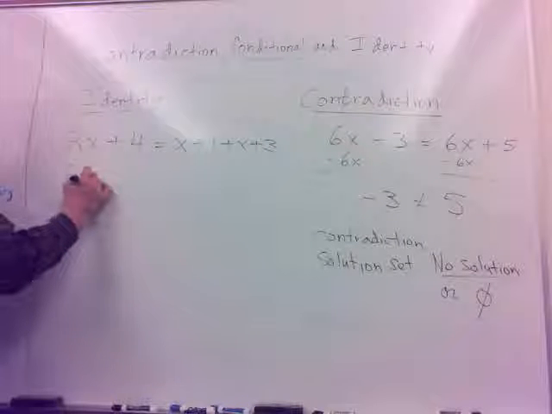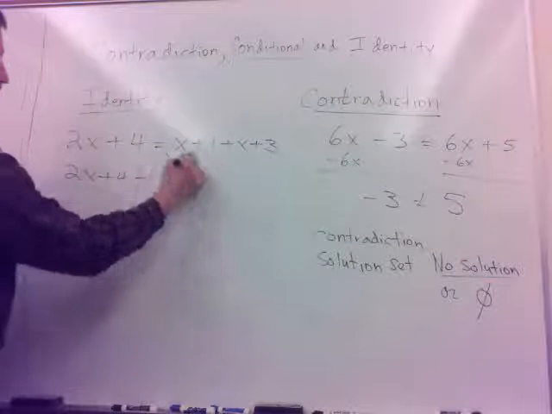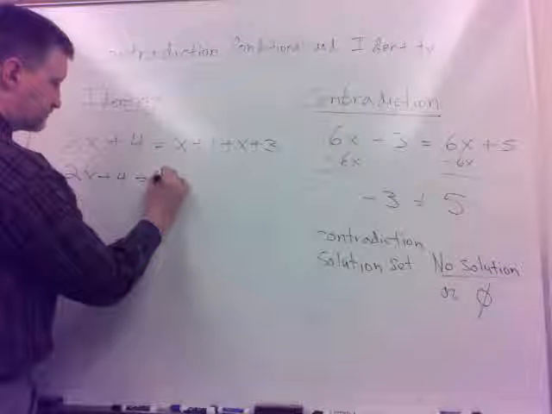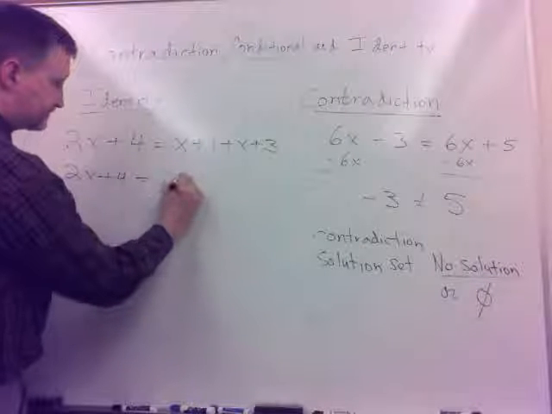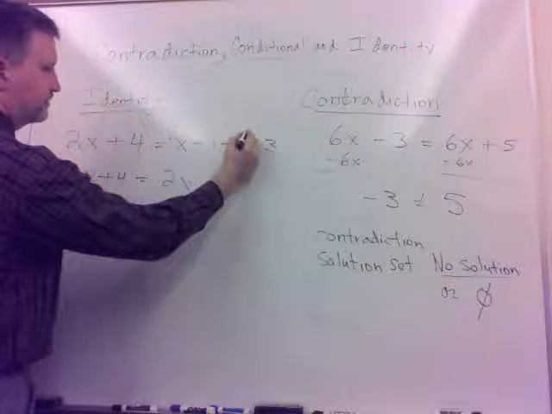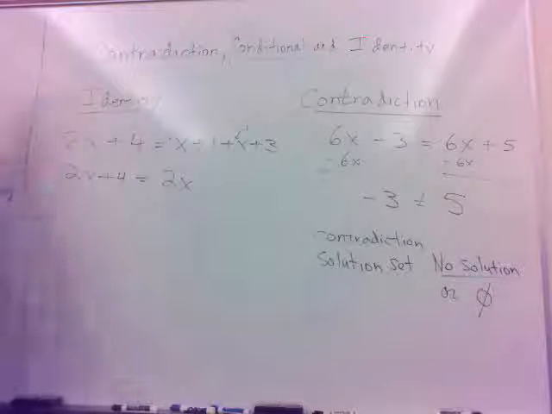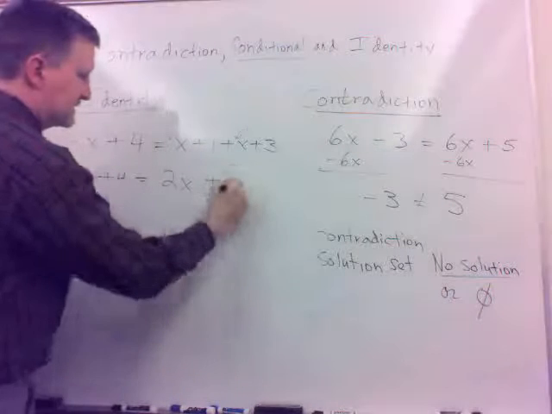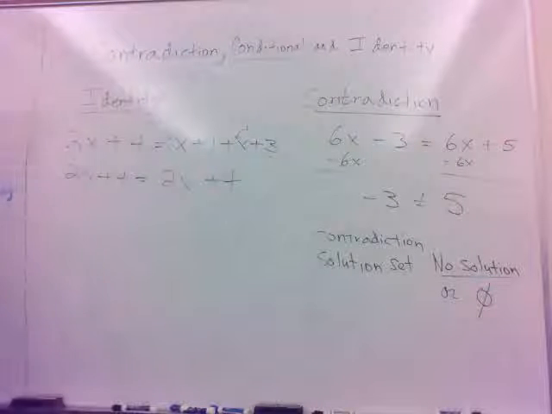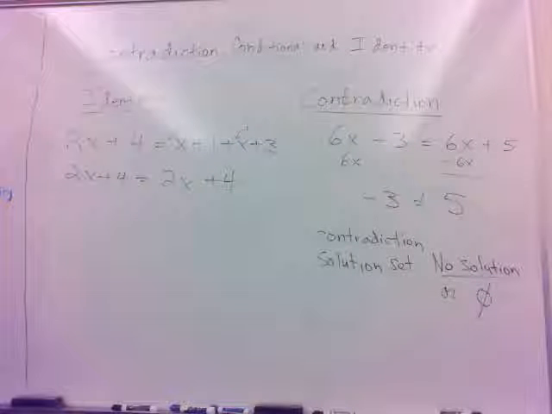We'll go about solving this one. 2x plus 4 equals, got like terms on the right side. You got x plus x, or 1x plus 1x, coefficient 1, coefficient 1. So combine those, you got 2x. And then combine the constants, the 1 and the 3, you got 4. So you got 2x plus 4 equals 2x plus 4.